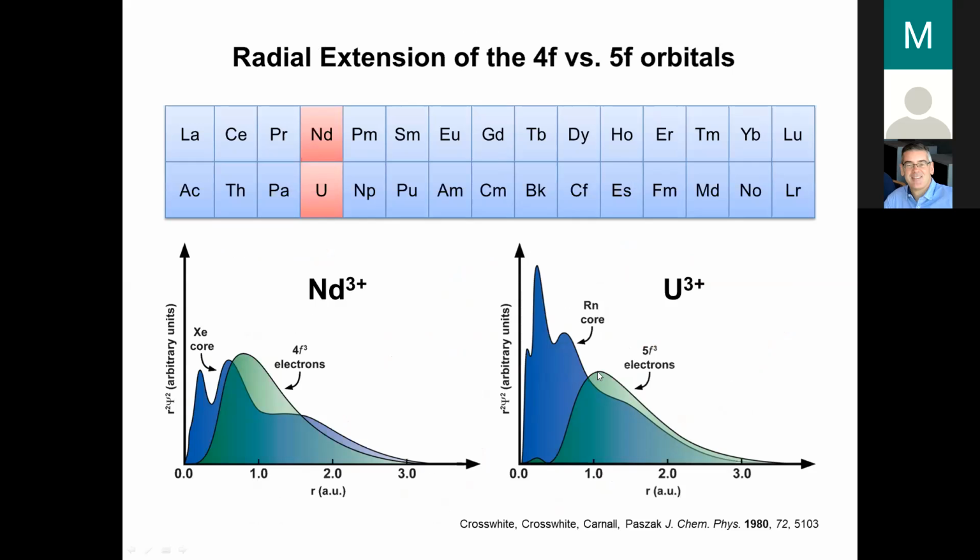And you can also see that due to their larger radial extent, the f orbitals in 5f shells extend further beyond the core electrons, and can therefore be involved in organometallic bonding and have actual overlap with ligand orbitals. Whereas, as in the question that was asked before, the 4f elements are pretty much shielded and hidden inside the core electrons, which renders the bonds more ionic.